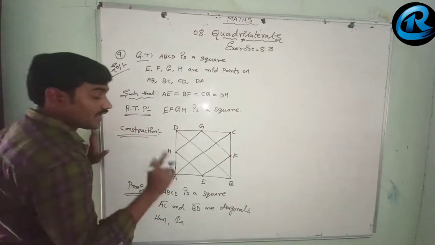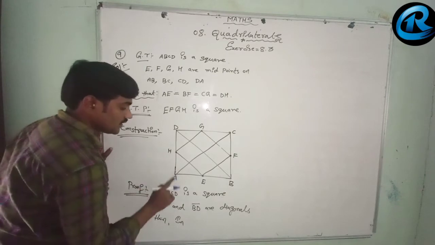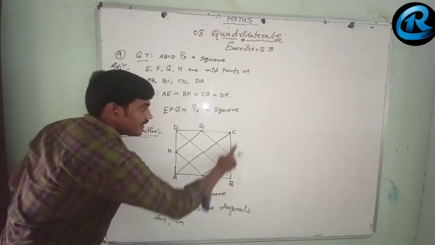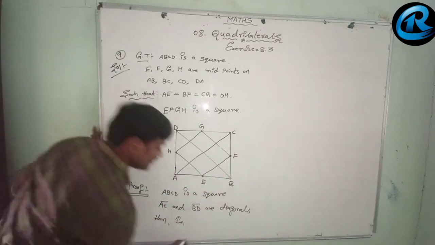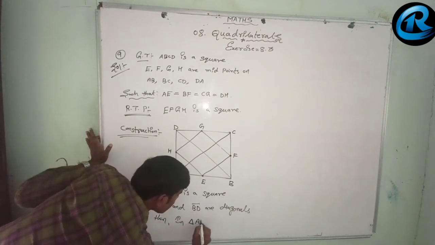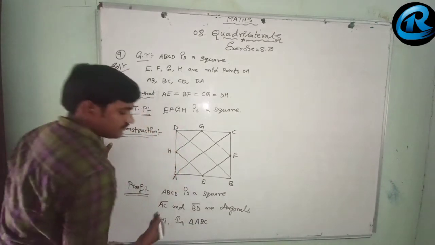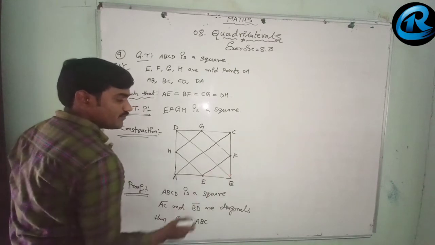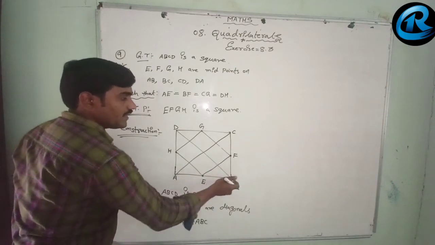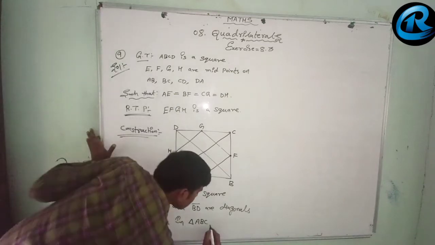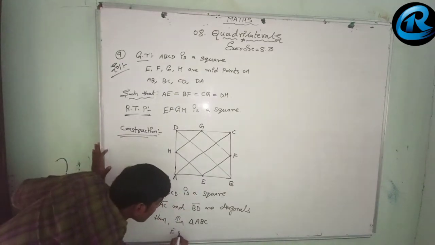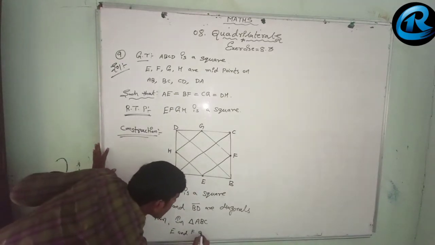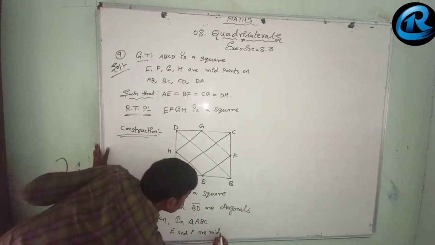Now, in triangle ABC, E and F are midpoints on AB and BC. So in triangle ABC, E and F are midpoints.